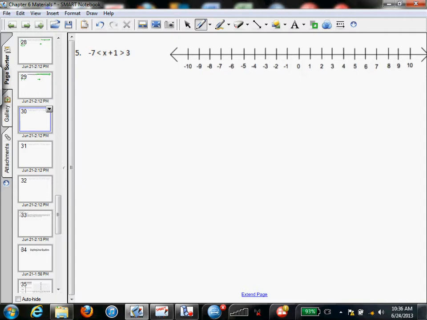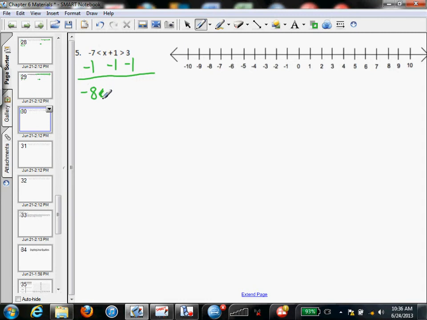With number 5 now, we see it's getting a bit more complex. So we have negative 7 is less than the quantity x plus 1, which is greater than 3. To get x by itself, we actually need to subtract 1 on every piece of the inequality. So for this first part, negative 7 minus 1 is negative 8.